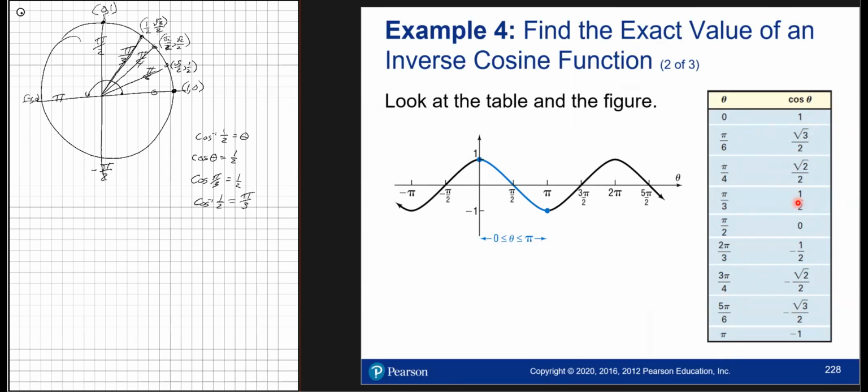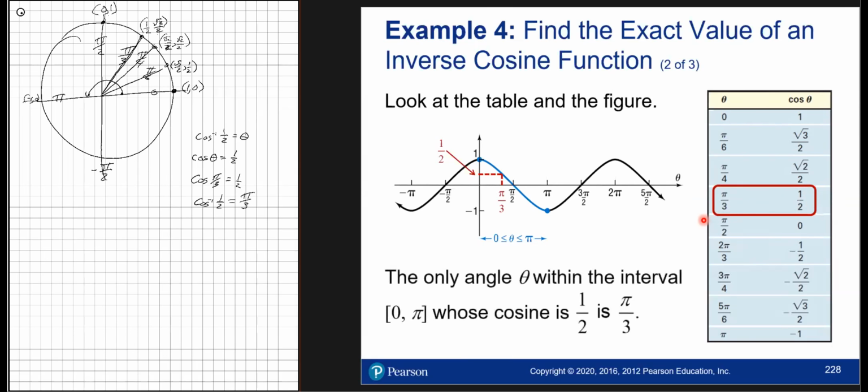And so this is the cosine of each of those angles, and we're looking for 1/2, and 1/3 pi gives us 1/2. All right, the only angle in the interval 0 to pi whose cosine is 1/2 is pi thirds.